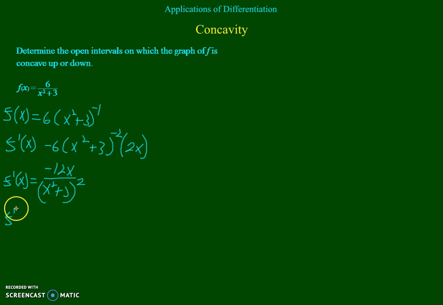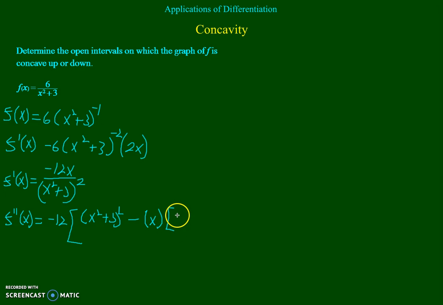F double prime of x equals, I'm going to yank out the negative 12 because I don't want to have to deal with that the whole time, and low, x squared plus 3 squared, d high, which is just 1 because I pulled out the negative 12, minus high d low.